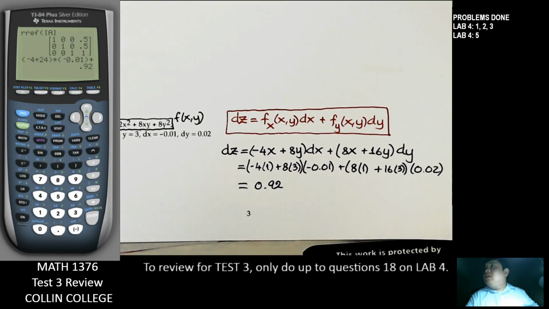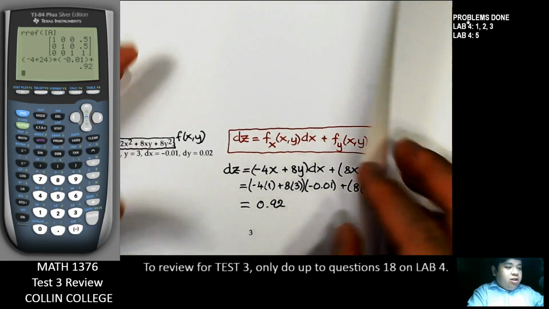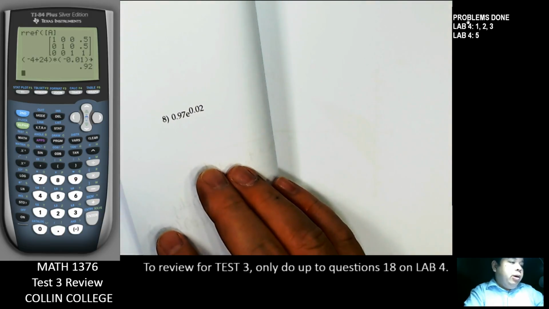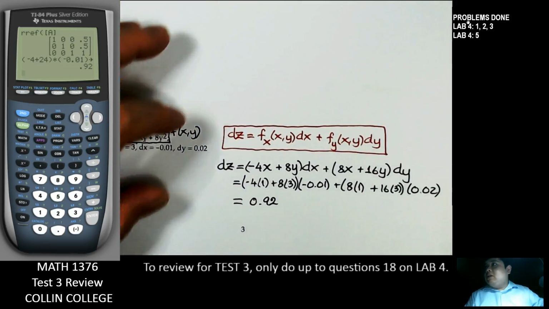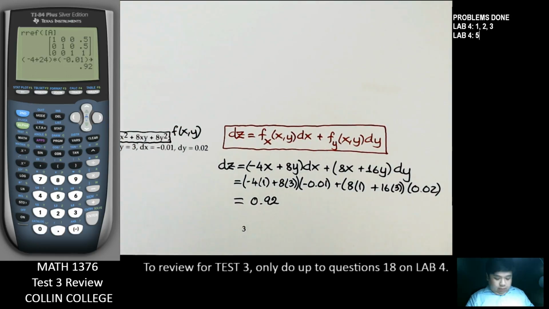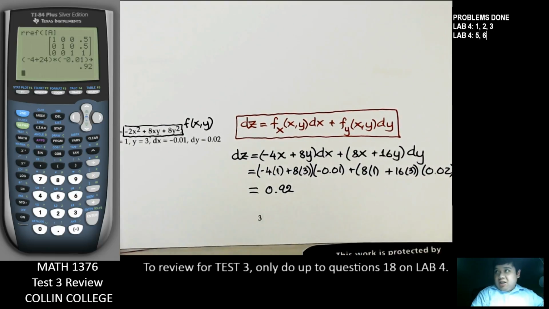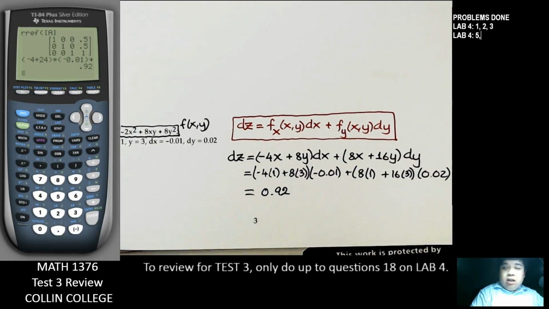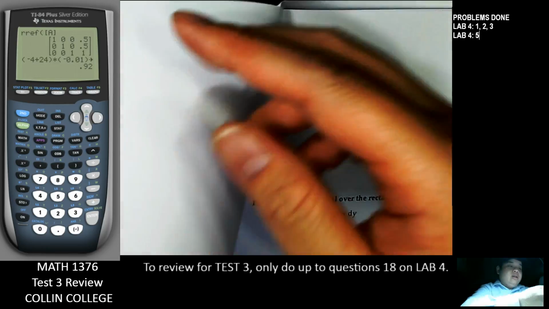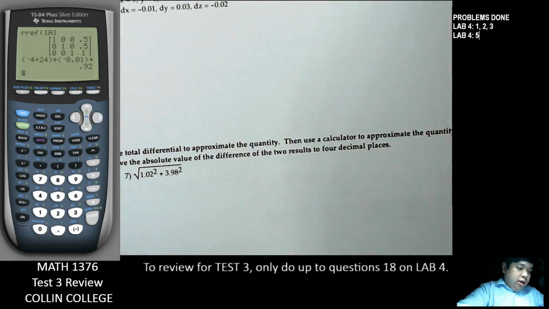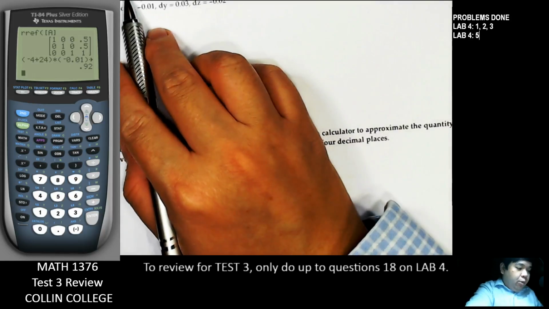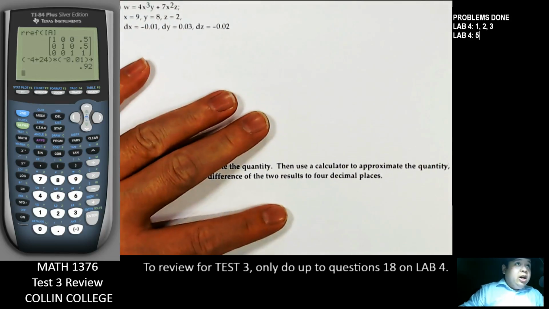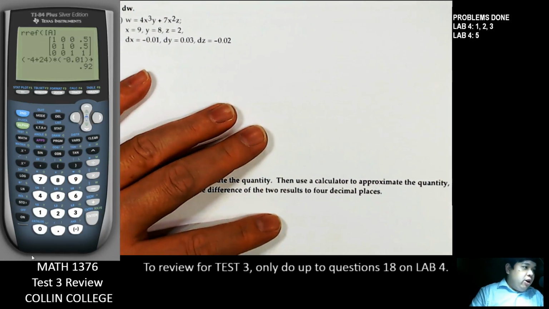Right. See what we have for 6. We're not finished with 6. We'll not do problem number 6 completely, but here we have w has 3 variables. So in that case, we just have an extra variable.